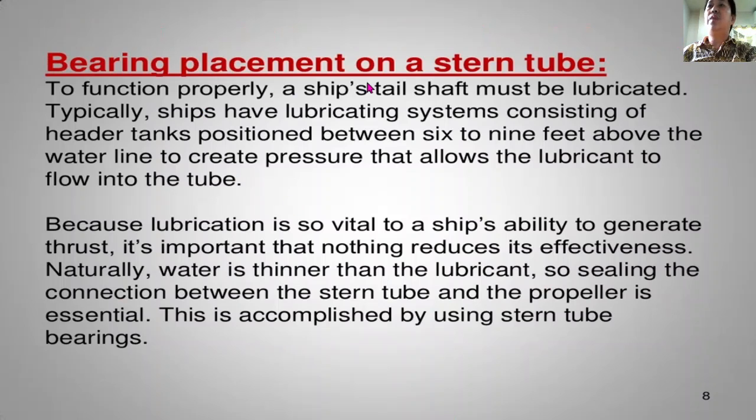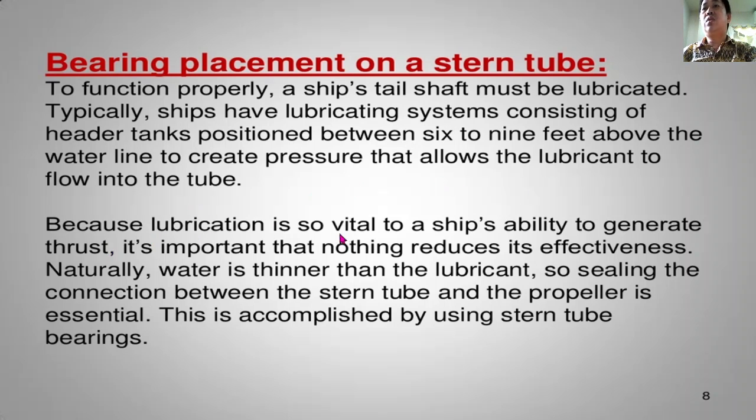So, bearing placement on a stern tube. To function properly, a ship's steel shaft must typically be lubricated. Ships have a lubricating system consisting of header tanks positioned between 6 to 9 feet above the water line to create pressure that allows the lubricant to flow into the tube.